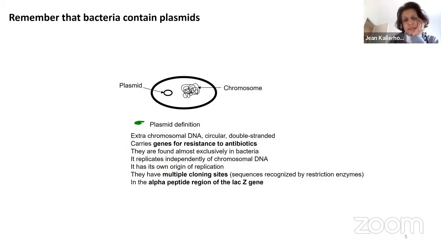So you need to learn this plasmid definition by heart and understand this. There are two main features that will be important to us today: these plasmids carry genes for resistance to an antibiotic. And the second thing is that they have multiple cloning sites, that is, sequences recognized by restriction enzymes.